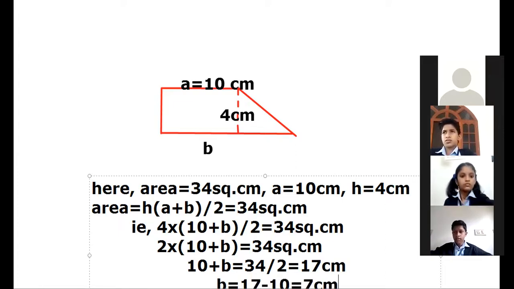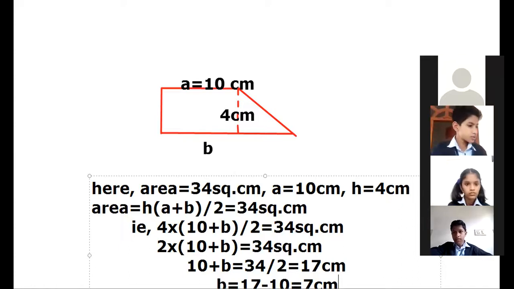Did you get the same answer? Let me check whether I made a mistake anywhere. Yeah, it's correct. 7 centimeter is the length of the other side. B is equal to 7 centimeter.